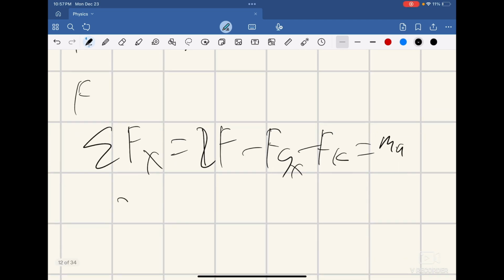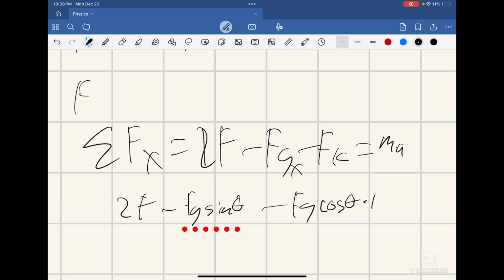So 2F minus F of gx, which is equal to Fg sine theta, minus Fg cosine theta times mu k, is equal to mass times acceleration, right?